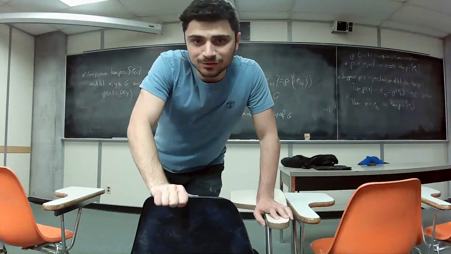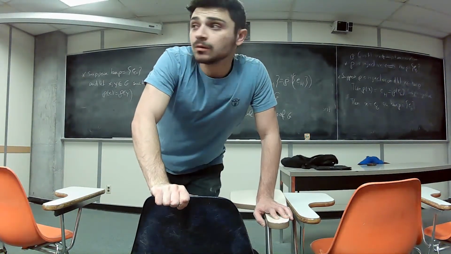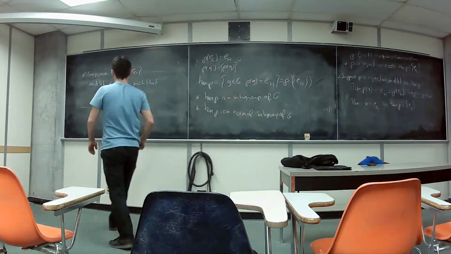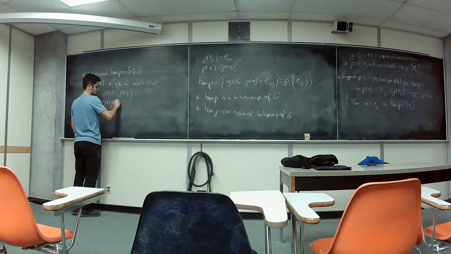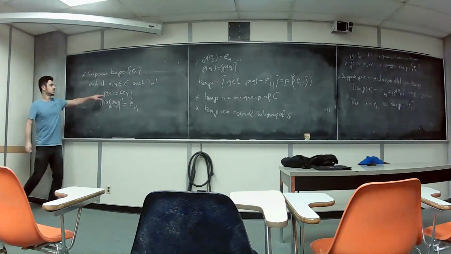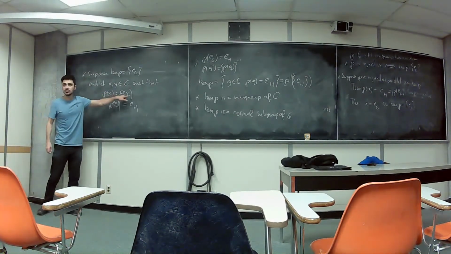People attending online are also welcome to help. Sure, that's very good. Let's bring the other side. So rho of X, rho of Y inverse is equal to EH, right? This is an operation happening in H, right? Rho of X is in H, right?